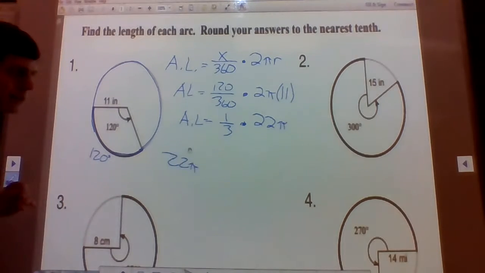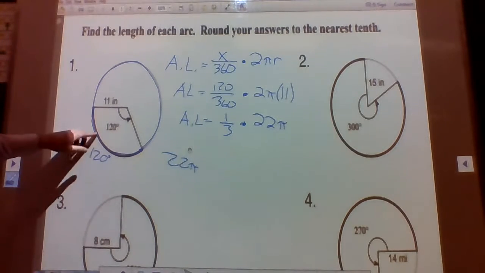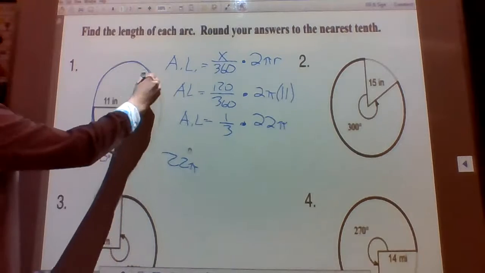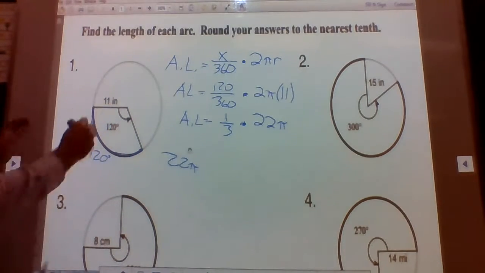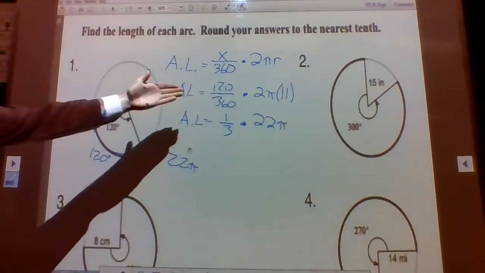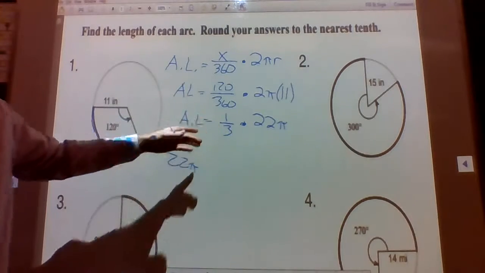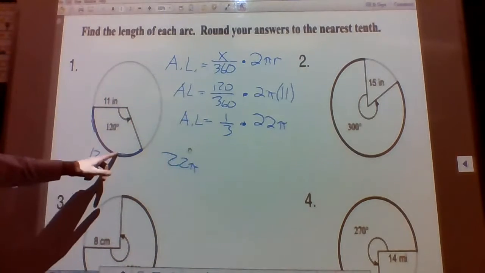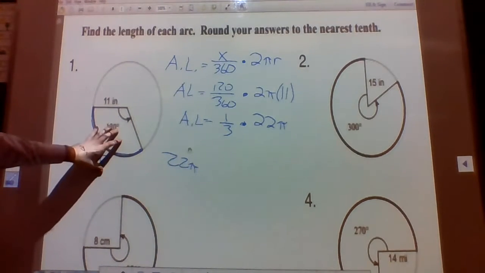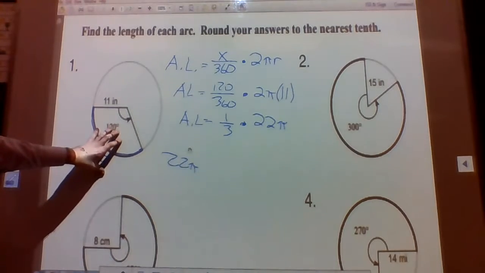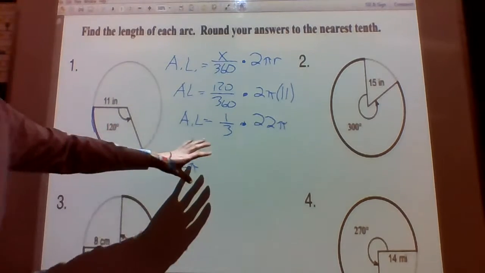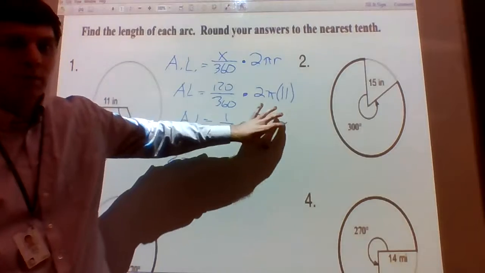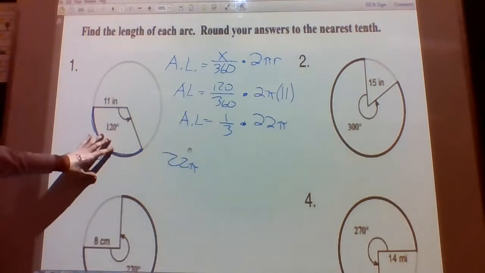But we're not looking at the length of the entire thing. We only want the length of a third of it, and we know it's a third because we have 120 degrees out of 360. That's a third of the length around the circle. So we multiply the whole length by a third, and that gives us the portion we want.